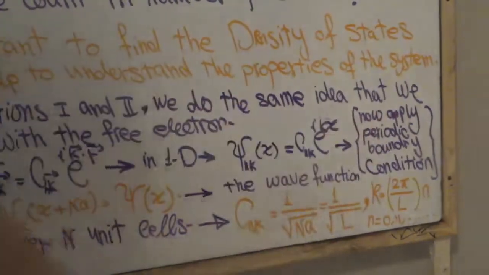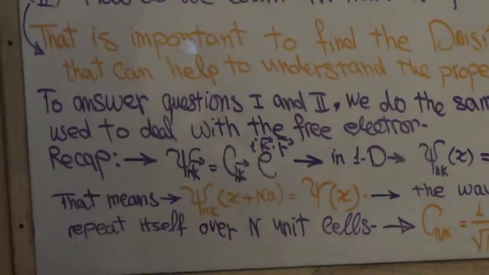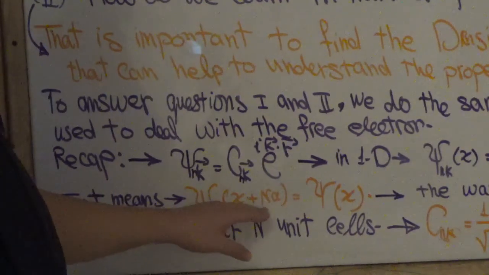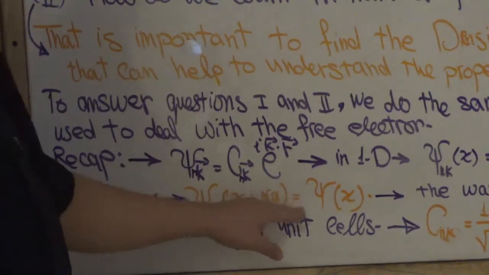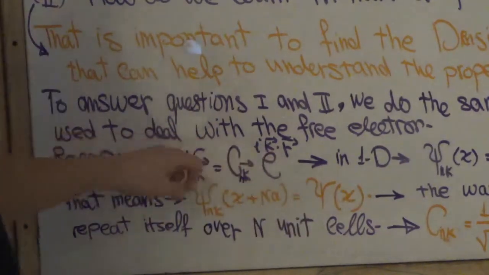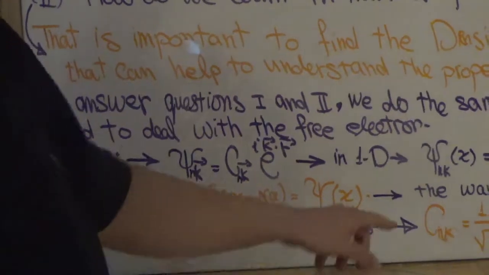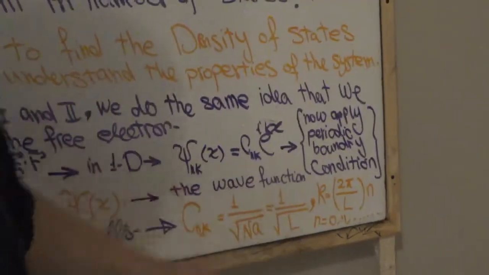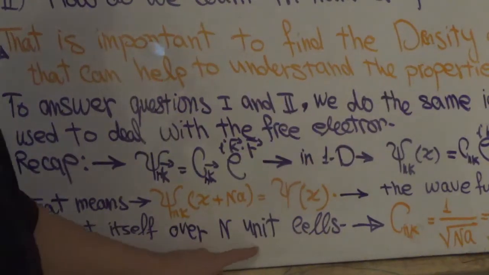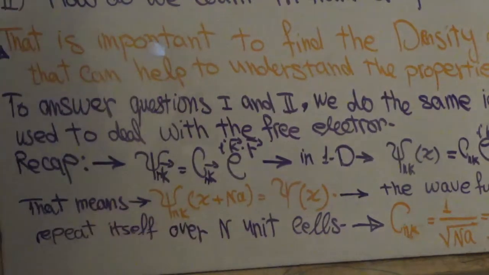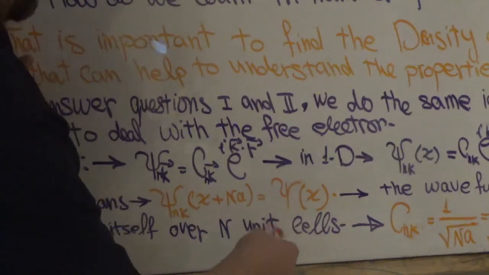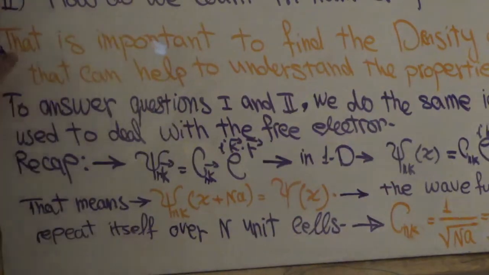All of these mean that psi nk as a function of x plus na is equal to psi as a function of x. This is the periodicity condition, and the wave function repeats itself over n unit cells.